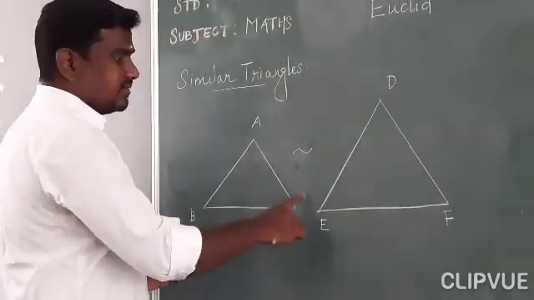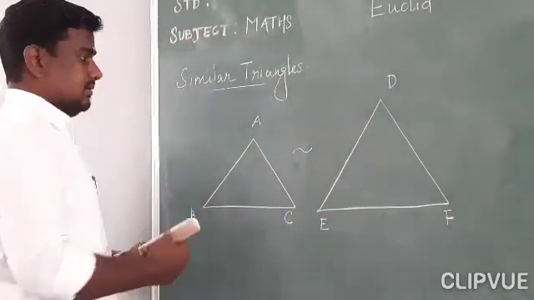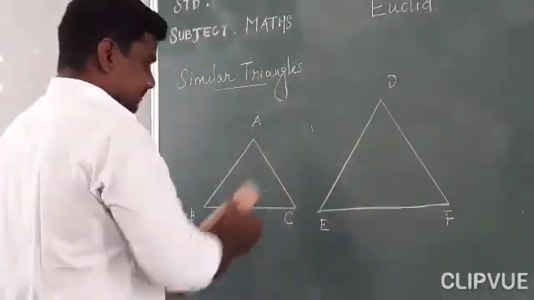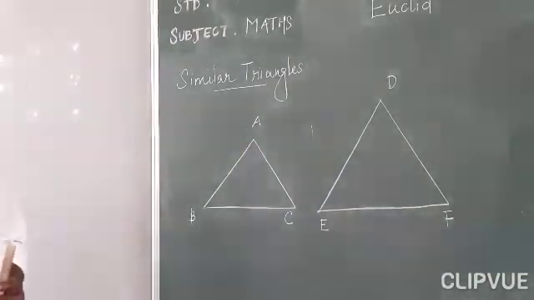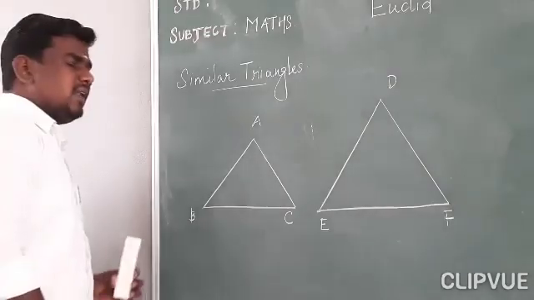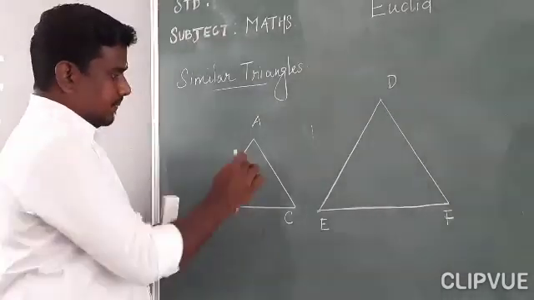So ABC is similar to DEF when the corresponding angles are equal. How can we find the corresponding angles?